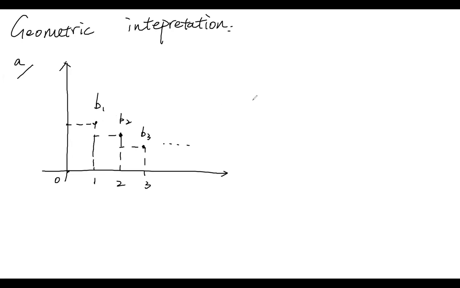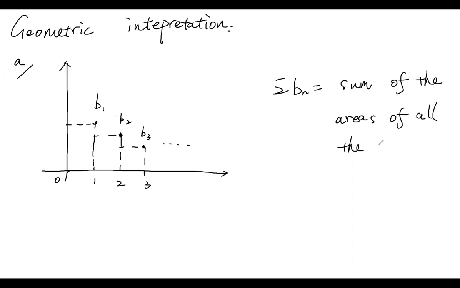So the series Bn is the sum of the areas of all the black rectangles.